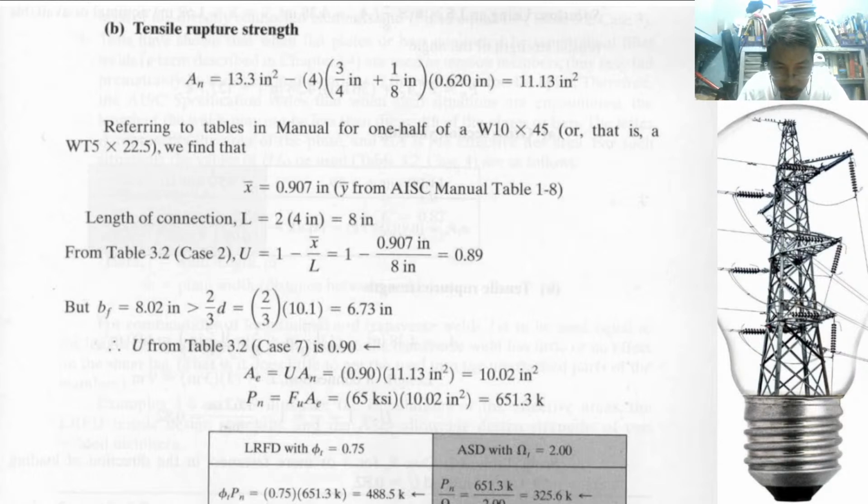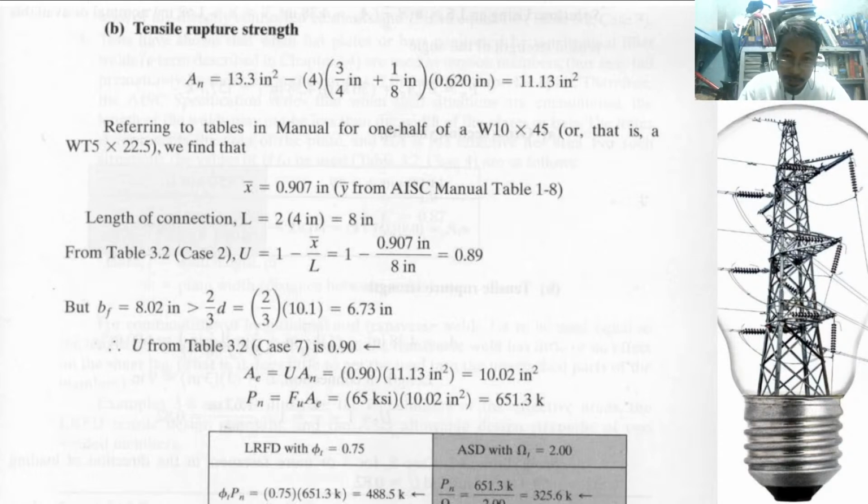And because we already have 10.5 multiplied by 65, our answer would be 683. So the correct answer would be 683 as the nominal. Take note. Please correct this example. The answer would be 683.